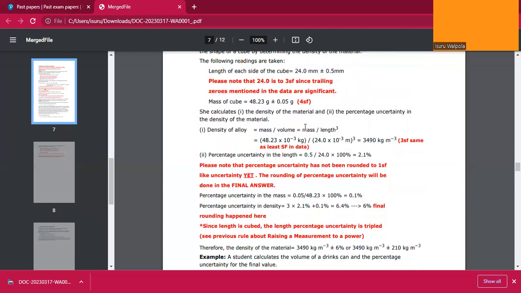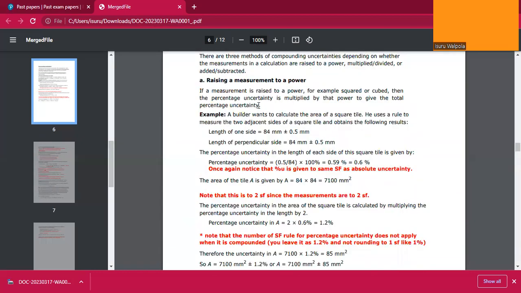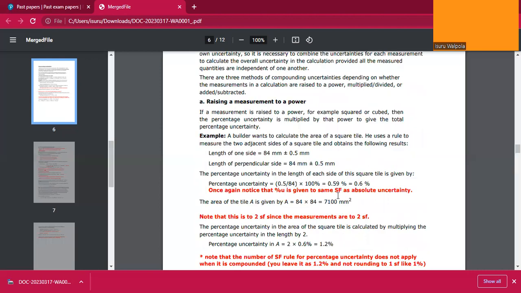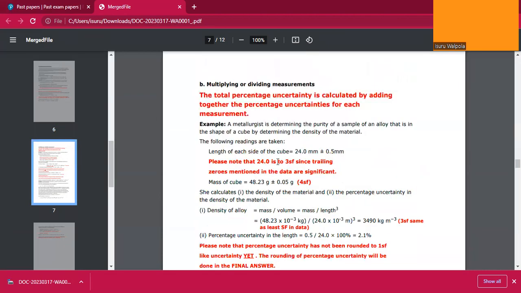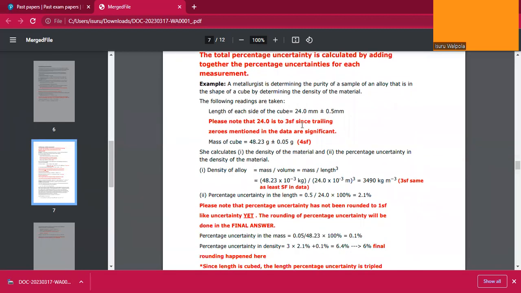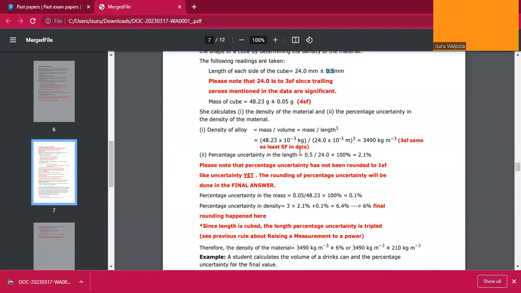Now the rule here is, this is actually mass divided by length into length into length. Length appears 3 times. That's where this power law comes in. Since length appears 3 times in this formula, we need to add its percentage uncertainty 3 times. So first, they have calculated 0.5 divided by 24 into 100, which is 2.1%.